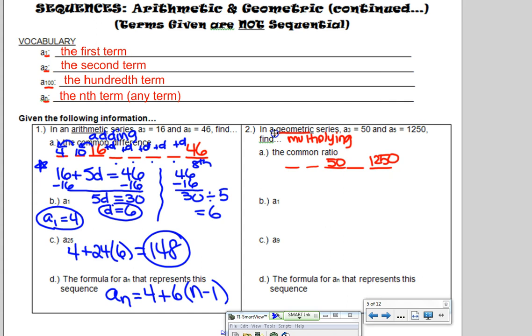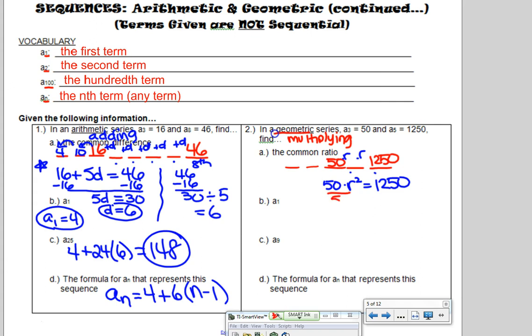I know that I have to multiply by R to get to this one, and I have to multiply by R to get to this one. So my equation basically is 50 times R times R, which is R squared, equals 1,250. So if I do it this way, much easier.